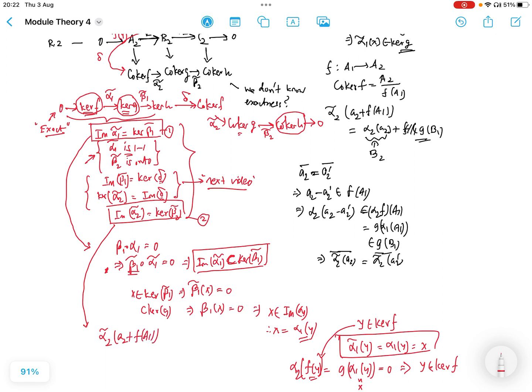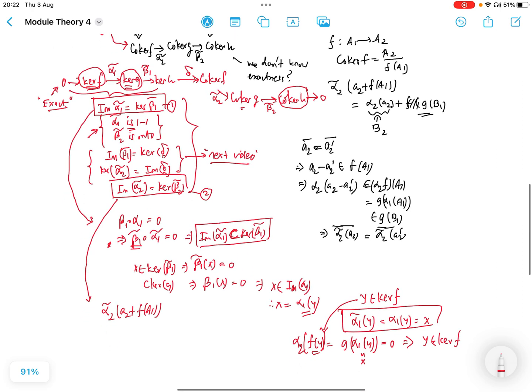Now we need to show this is inside the kernel of what? Beta 2 tilde. So let's apply beta 2 tilde. First, this will be the same as applying alpha 2 to A2, and you get g of B1, right? This is first.